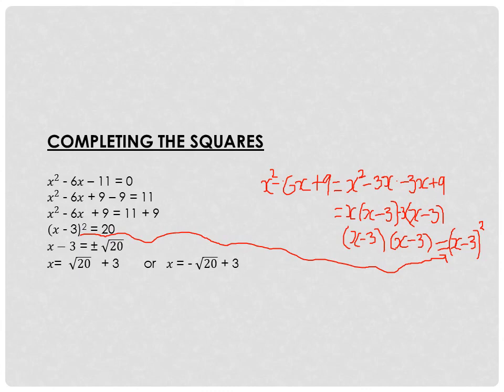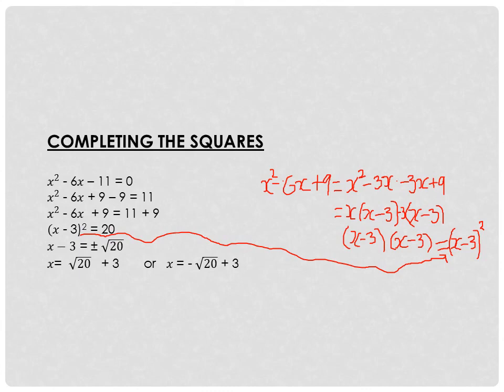Now we find a common factor. We are going to have x in a bracket (x minus 3), and in a bracket (x minus 3). Those outside the bracket, we put them together, and we select one of the common factors.